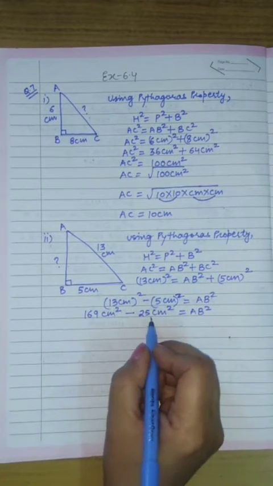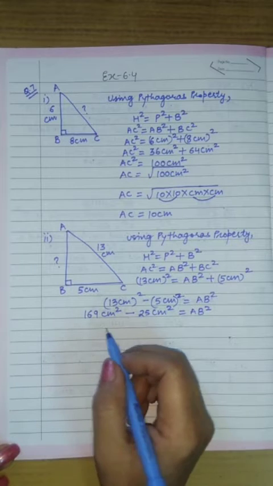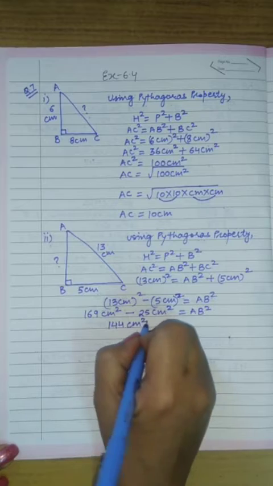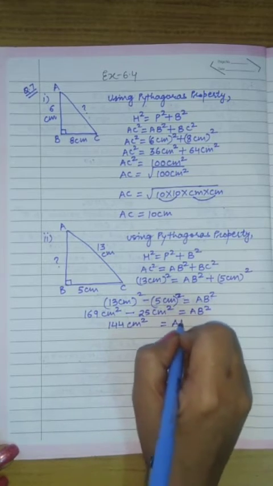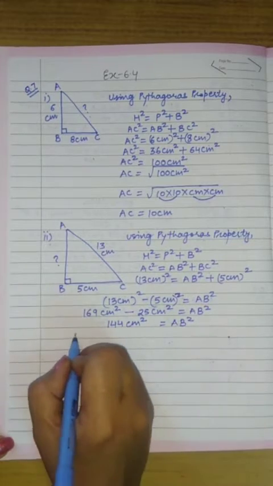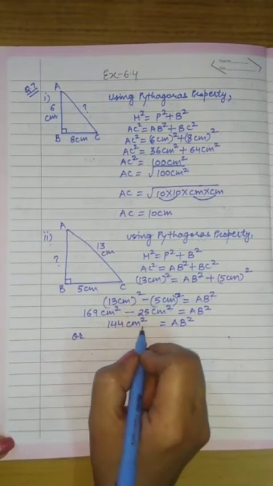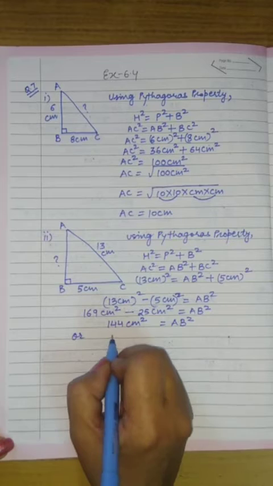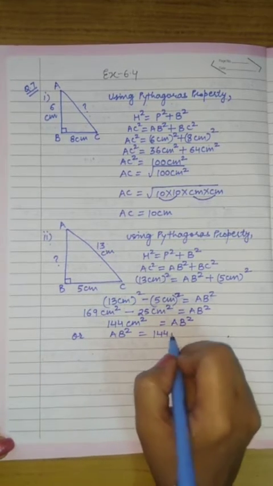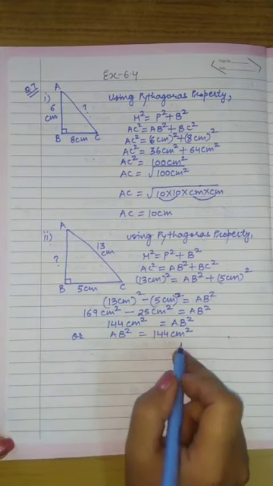When we will subtract 25 from 169, we will get 144 centimeter square is equal to AB square. So it can be written as 144 centimeter square is equal to AB square, or it can be written as AB square is equal to 144 centimeter square. It doesn't make any difference.